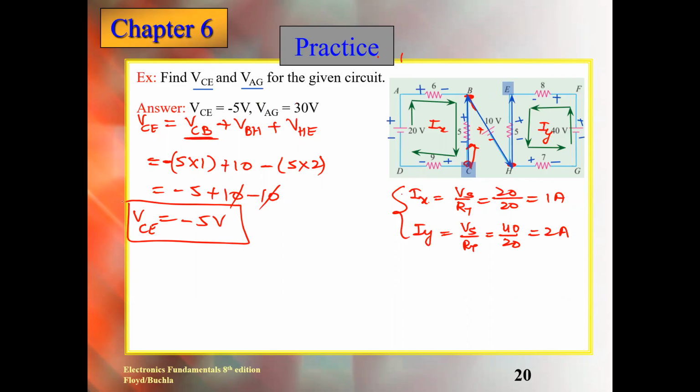Understand now? See the answer. VCE is minus 5 and VAG, 30 will come. Now, the second one you will calculate yourself, and now we will take a break. So you need to calculate VAG, guys. Can you quickly tell me how we can split this path for VAG? VAB, then VBH, then VHG.